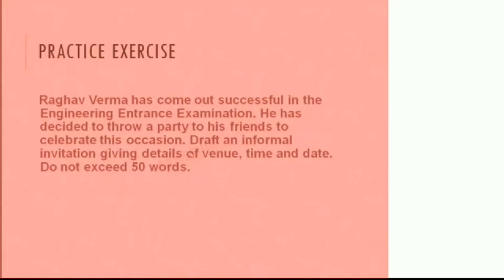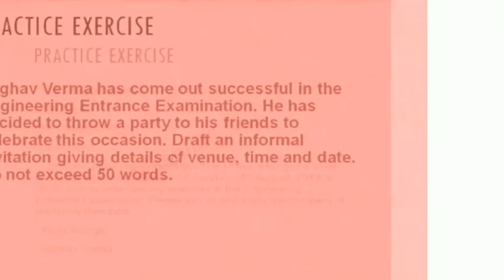So in this invitation, we have to imagine the details and insert them in the informal invitation: venue, time, and date. One thing we have to keep in mind is that the invitation should not exceed the word limit of 50 words. This is the practice exercise. Let's see how it is solved.